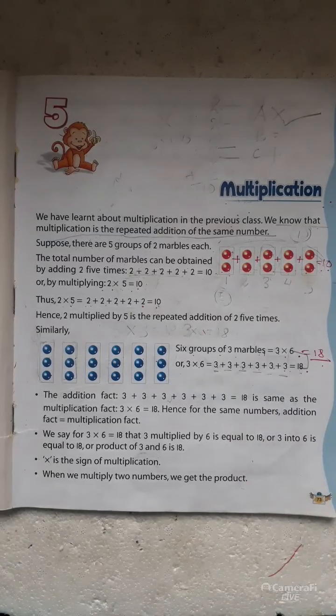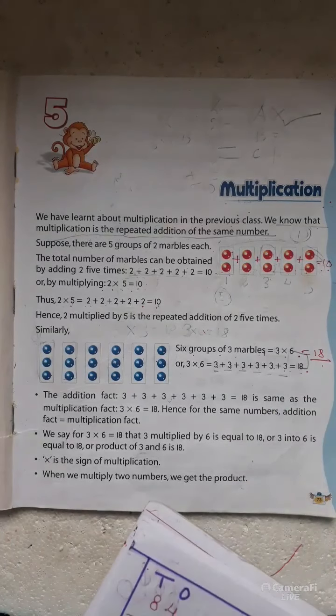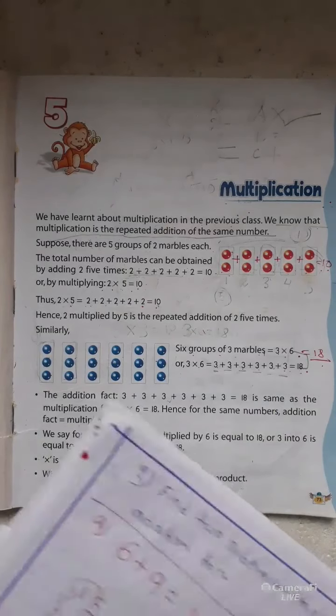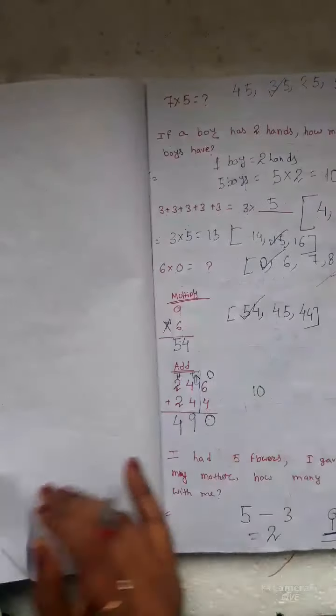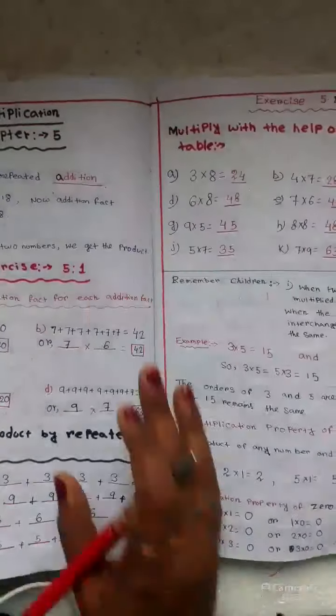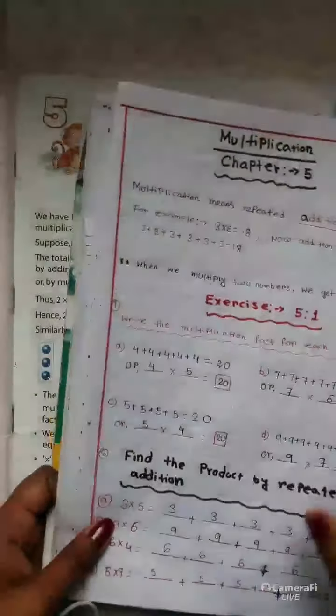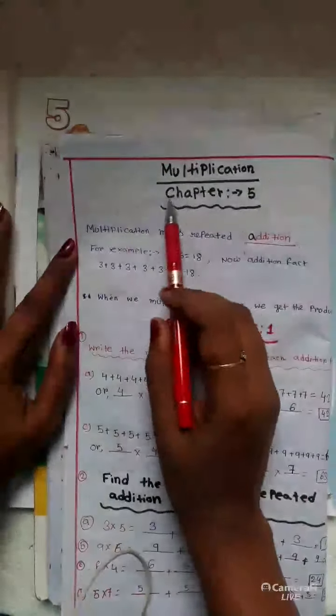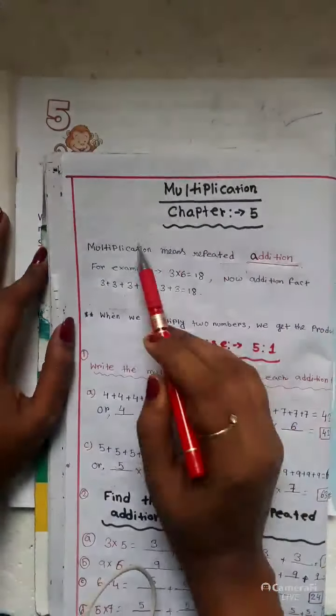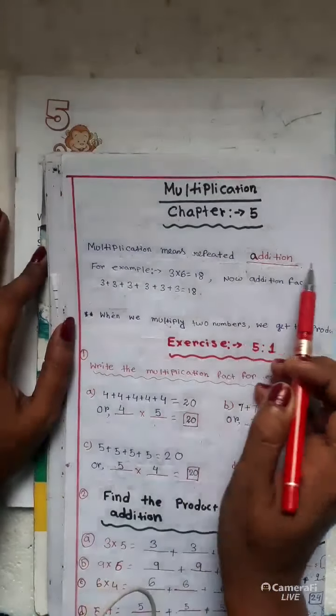Okay, now children, I have jotted down the exercise for you in my copy so that it will be easier for us to understand. Wait, let me open that. Ma'am has decorated this copy for you. Multiplication, chapter 5. Multiplication means repeated addition.